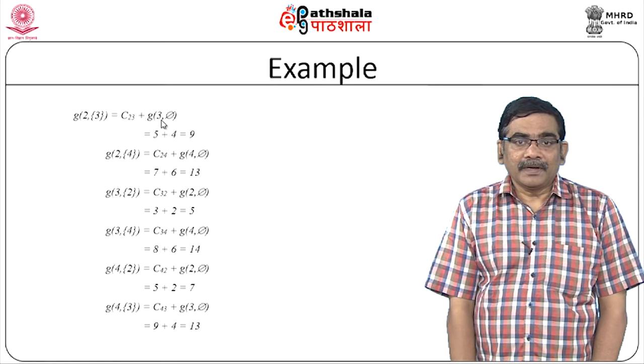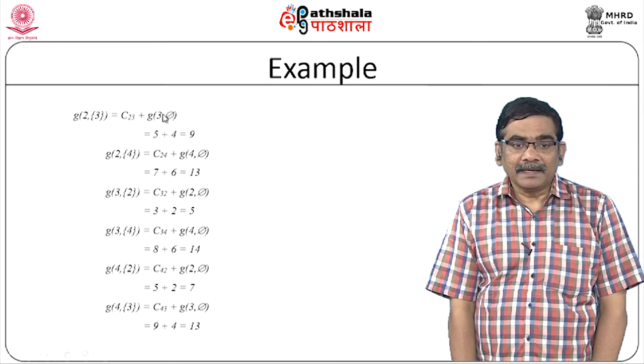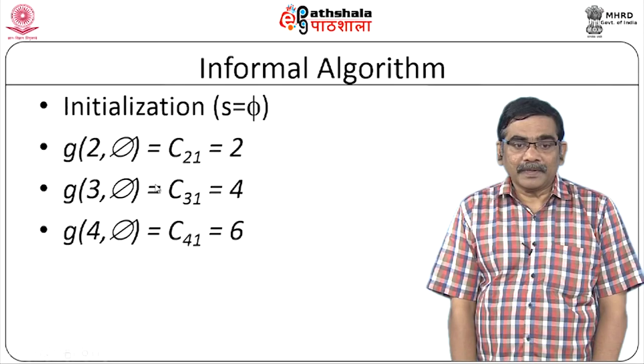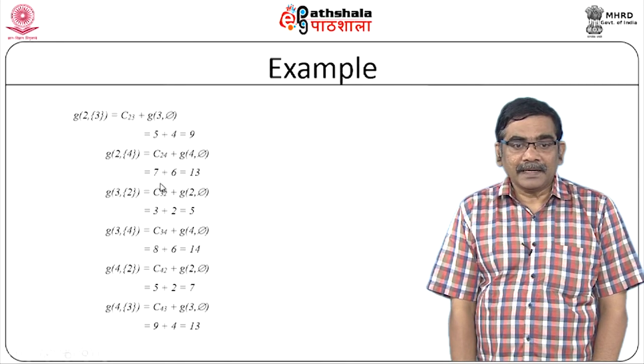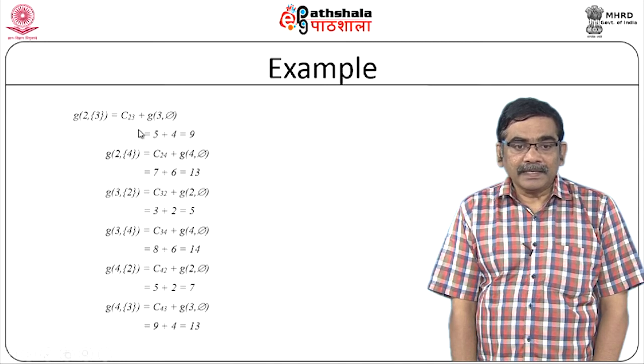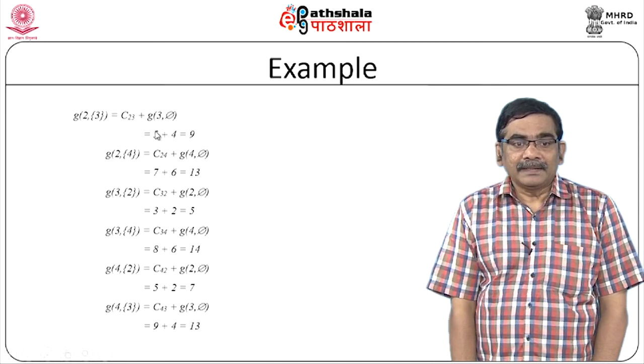Recollect the beauty of dynamic programming. g of 3 comma null we have already computed. So, all we have to do is plug this value in here. The cost of 2 3 is 5, then g of 3 comma null is 4, therefore it is going to be 9.